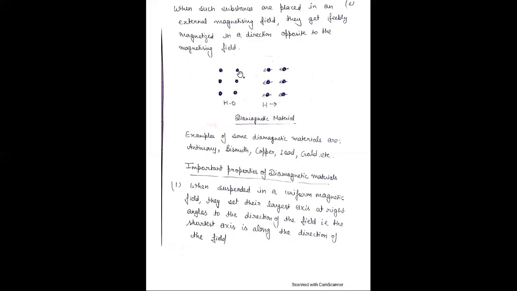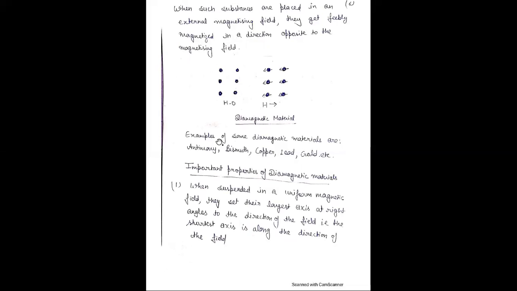Here this represents the dipoles. When the magnetic field is 0, there is no dipole moment, therefore the net magnetic moment is 0. But when we apply a magnetic field in this direction, then there is a net magnetic moment, but in the opposite direction. The arrow is opposite to the magnetic field H.